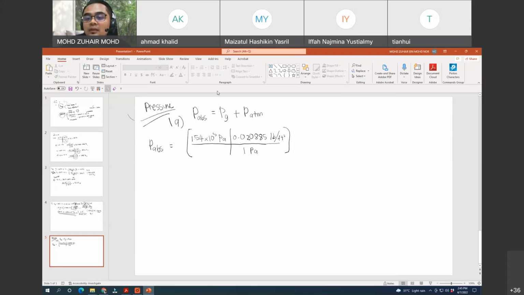Okay, so this is for the gauge pressure, plus the atmospheric pressure, which is the barometer. So 28.6 inch mercury, we need to change to pound per feet square. 1 inch mercury is equals to 70.73 pound over feet square.